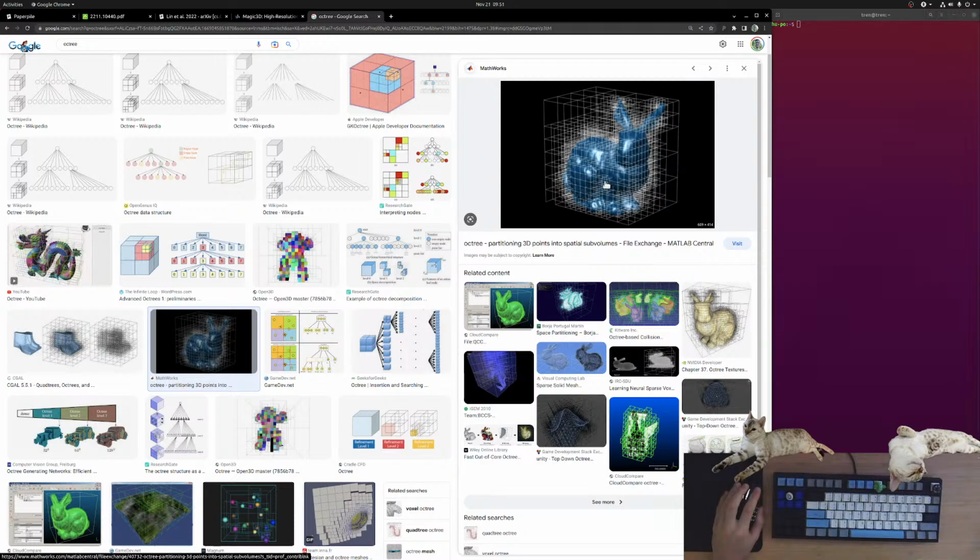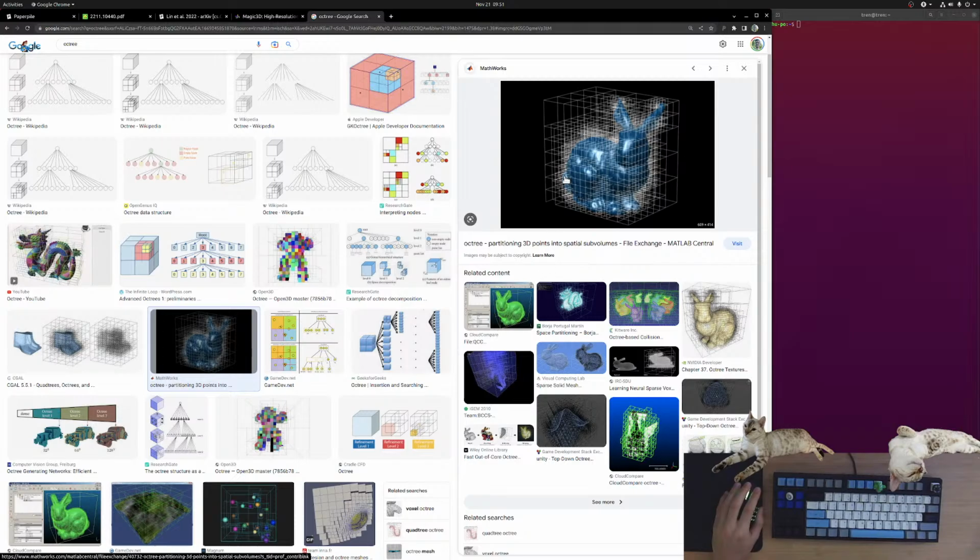This rabbit here, I think, makes the best case of it. In parts of this rabbit, the voxel is very small, you can see a very small little square that defines the object there. But the parts that are empty are a very large square. Imagine how much more memory you would have to use if this entire space was filled with those tiny little squares.